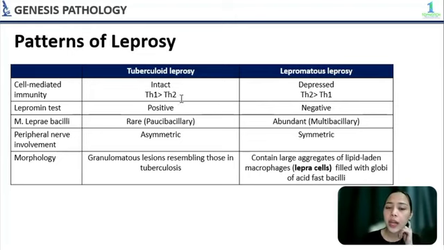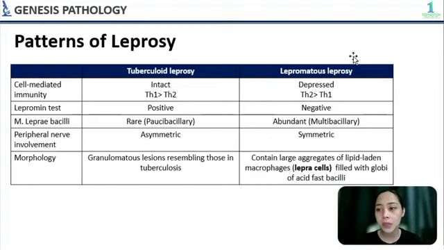That's why nagkakaroon ka ng positive lepromin test dito sa tuberculoid leprosy. Also, yung bacilli are rare, kaya tinawag siyang paucibacillary. There is asymmetric peripheral nerve involvement. And in terms of morphology, yung granulomatous lesion niya resembles those seen in TB.